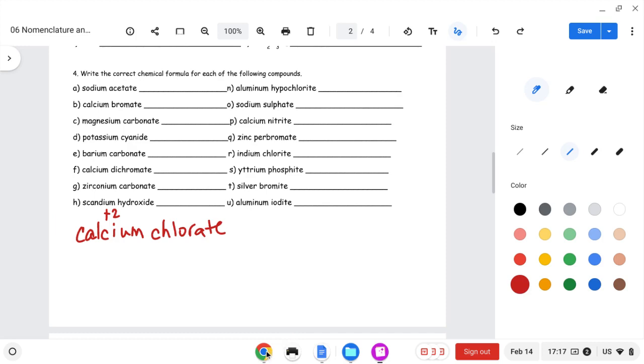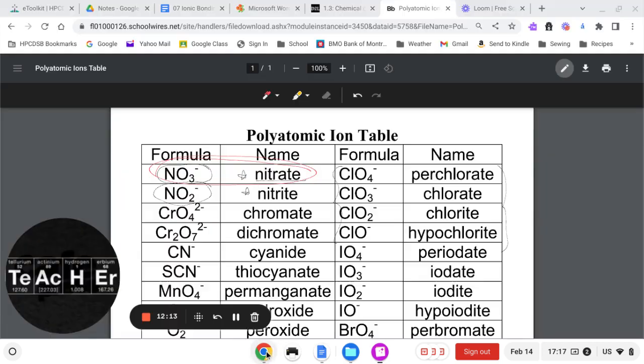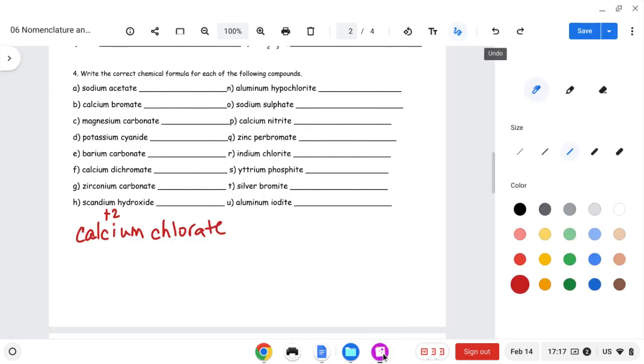If it was chloride, then it would be the element chlorine. So instead, you're going to look for chlorate. There it is right away. You're going to take that whole formula and the charge. Don't forget about the charge. Write it down. The charge is -1.